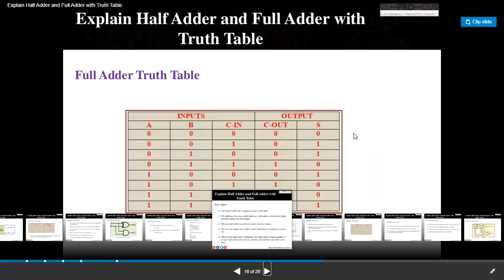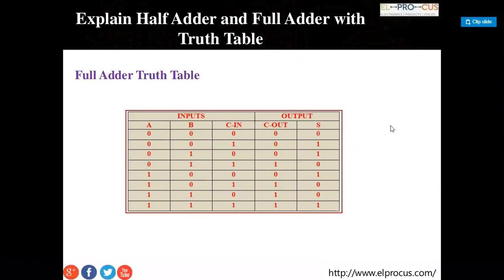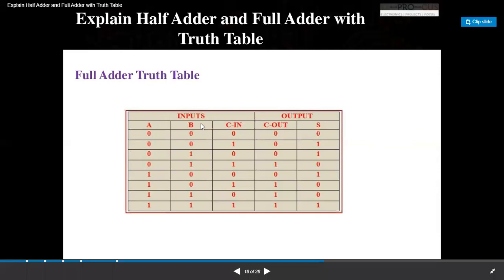The truth table of the full adder has inputs and outputs. The input pins are A, B and C in, and the output pins are C out and S, where S stands for the sum.